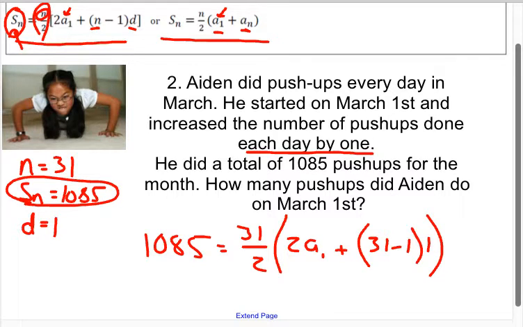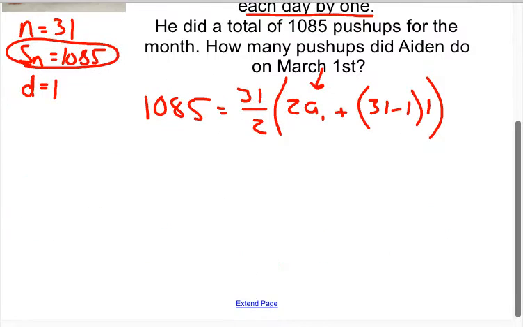There we go. So if I solve that, I'm solving for a sub 1. There's more than one way you use these formulas. Most of the time you're trying to find the sum of a series, so you're trying to find S sub n. This time we're trying to find a sub 1.